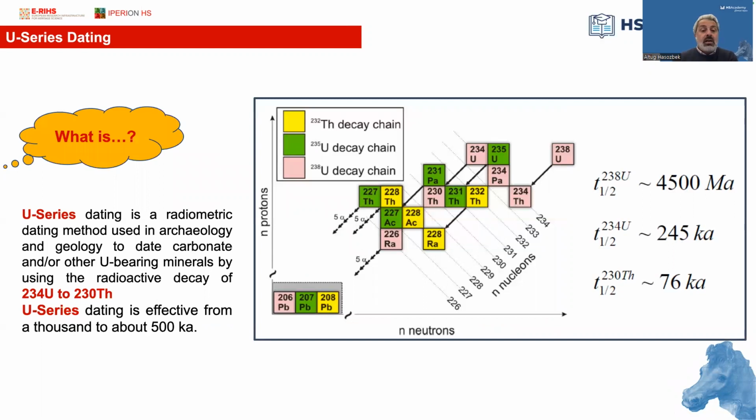Its effectiveness depends on the lab and the instrument, but because of the half-life of 234 uranium, it is limited to roughly 500,000 years. In our lab, the oldest sample we dated is 480,000 years old.